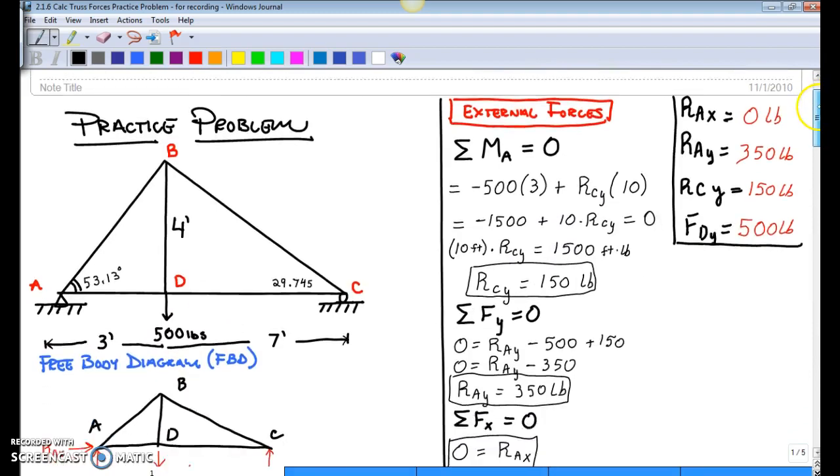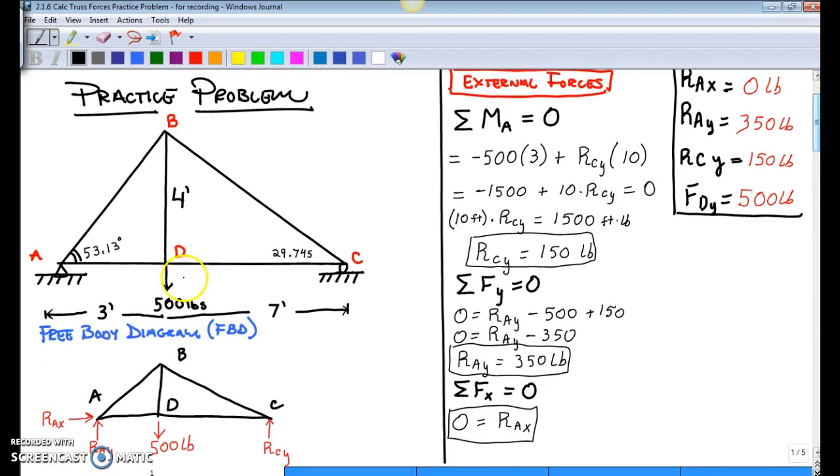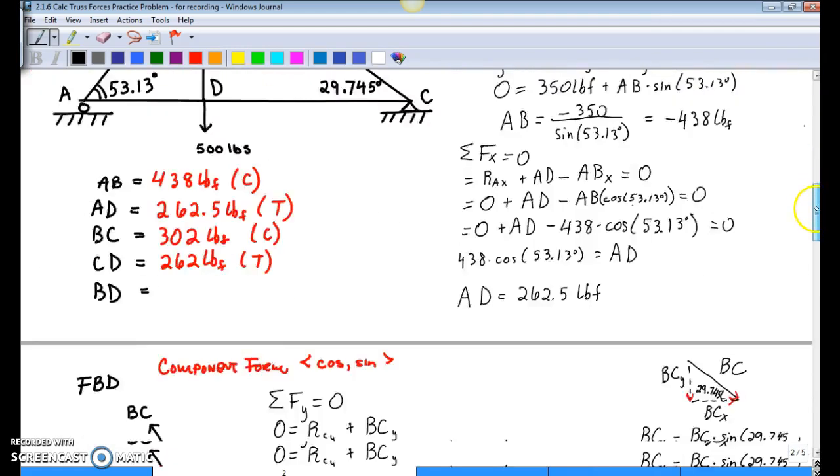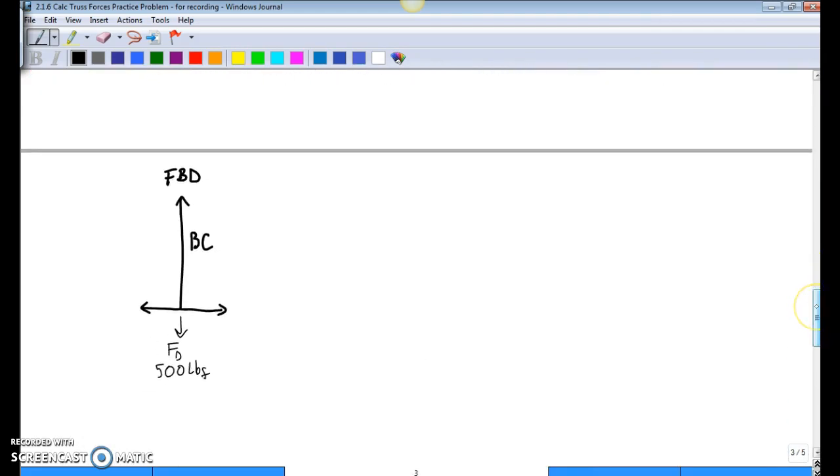I'm just going to go clear back to the original problem. It's this force right here. It's the initial external force, 500 pounds, that was applied to our truss. So, in coming back, we have force of CD and AD left and right.